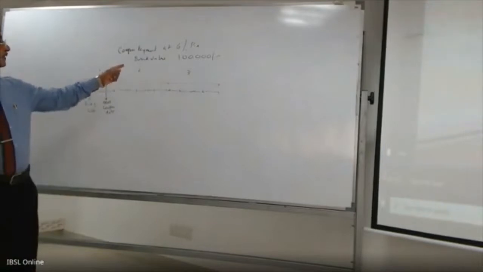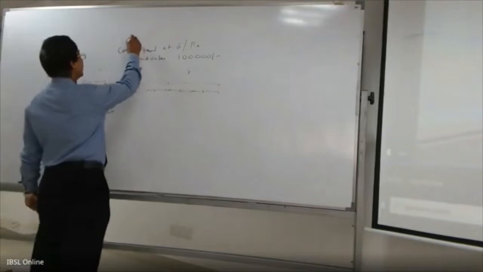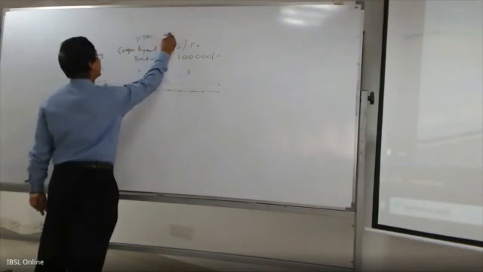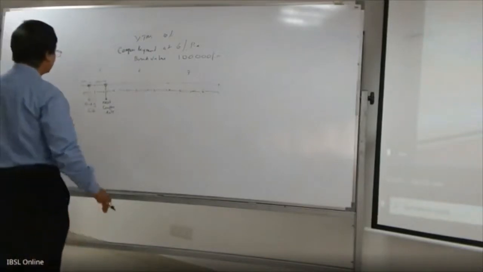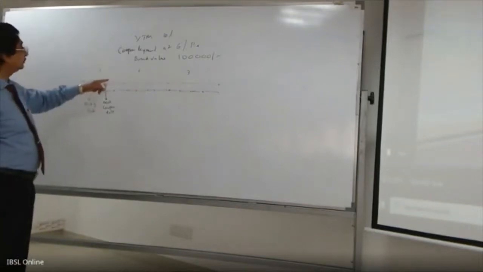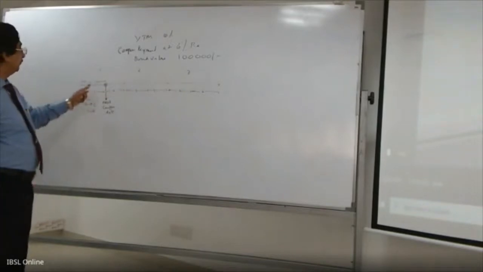Since the bond value is 100,000, we have assumed the YTM also. Say YTM is 10%. You know what is YTM, no? Yield to maturity. So YTM is 10%. Then we have to calculate.